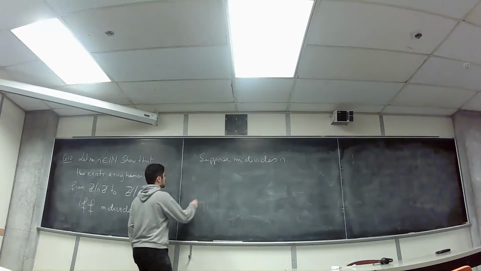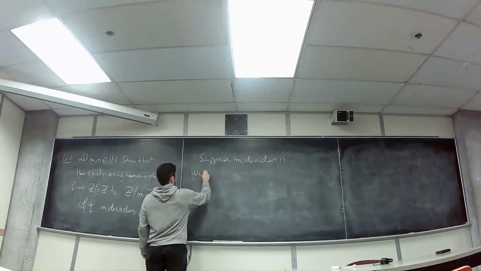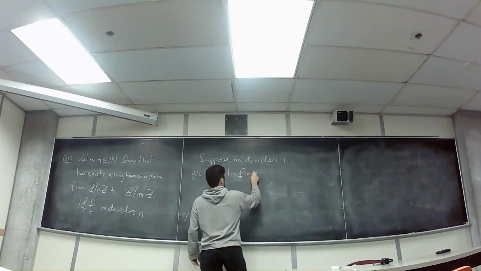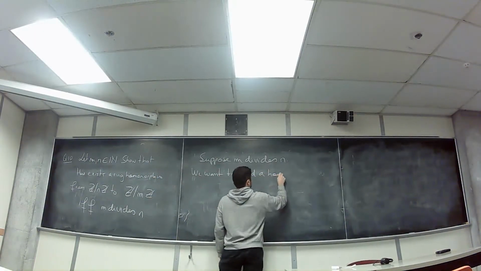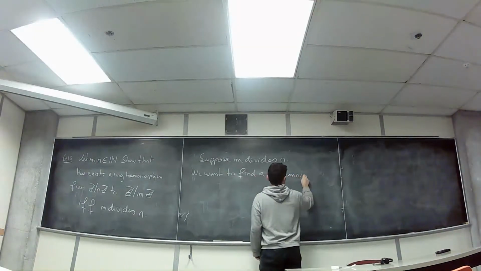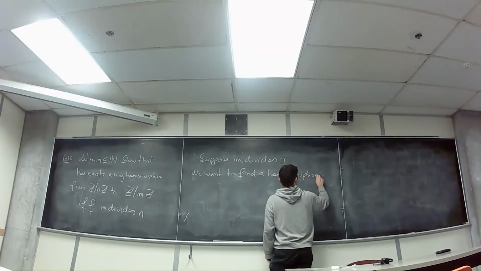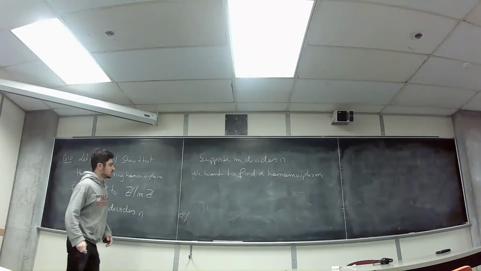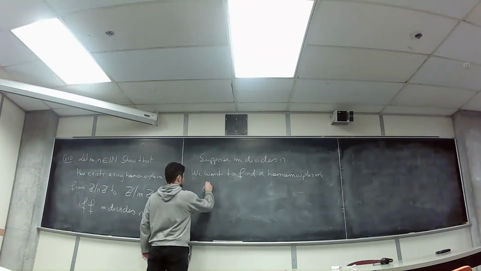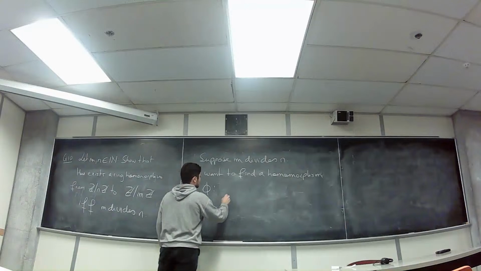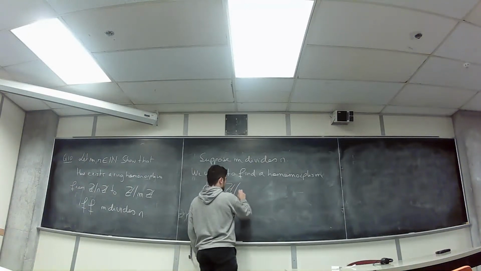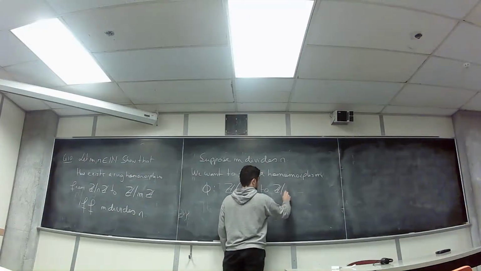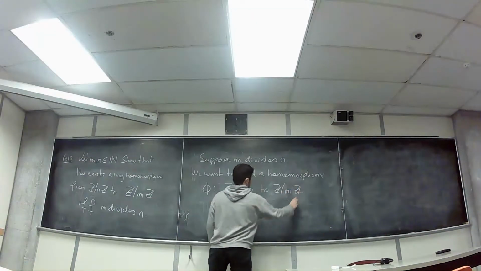I want to define a homomorphism from Z mod n to Z mod m.